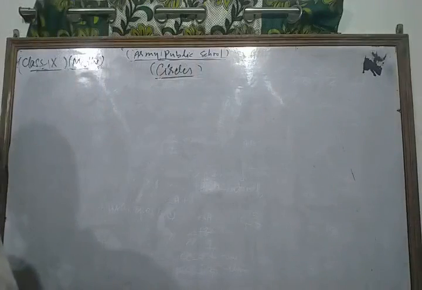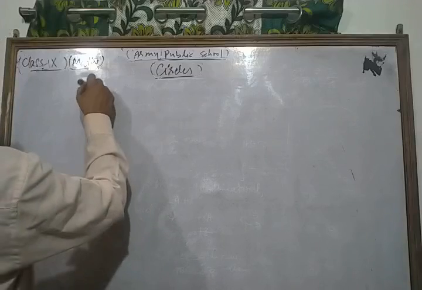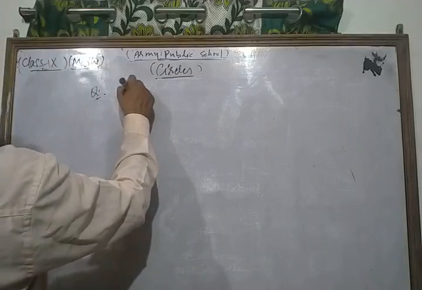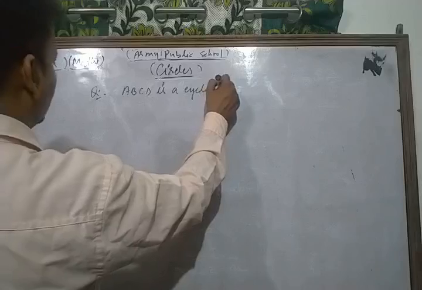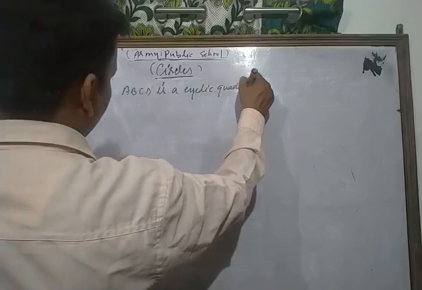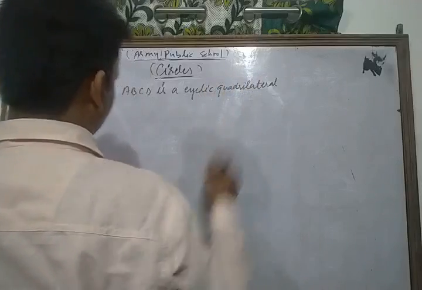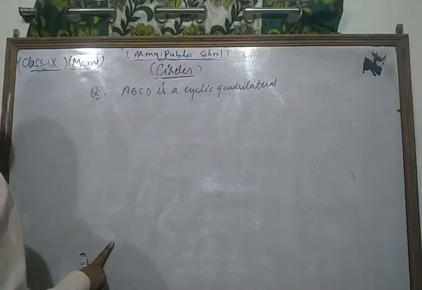And your question, this is one of the most important questions. ABCD is a cyclic quadrilateral.